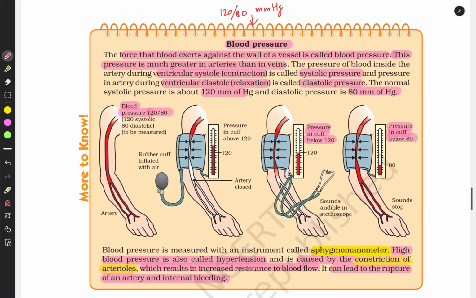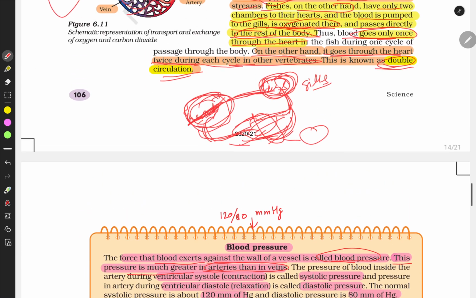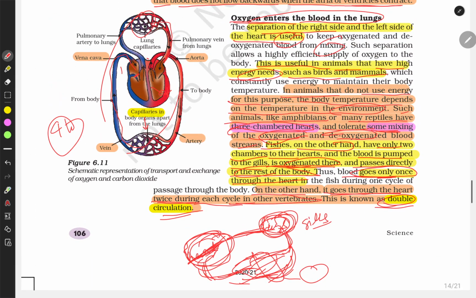About blood pressure, the force that the blood exerts against the wall of the vessel is called blood pressure, and this pressure is much greater in the arteries than in the veins. Why? Because in arteries, high pressure pumped blood is going, so the walls must be thick to tolerate the high pressure.